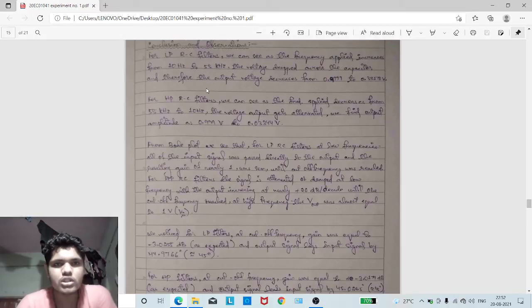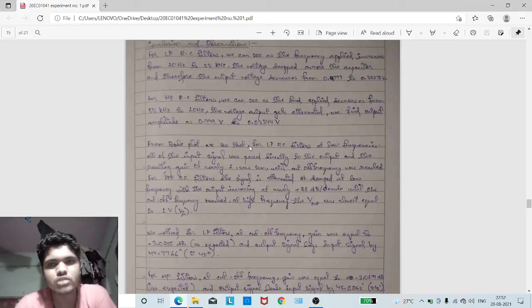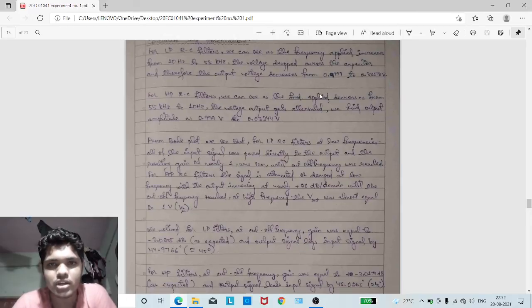For conclusions and observations, for the LP circuit, as I have said, as the frequency increased from 10 Hz to 55 kHz, the voltage was decreasing from 0.9999 to 0.38178.